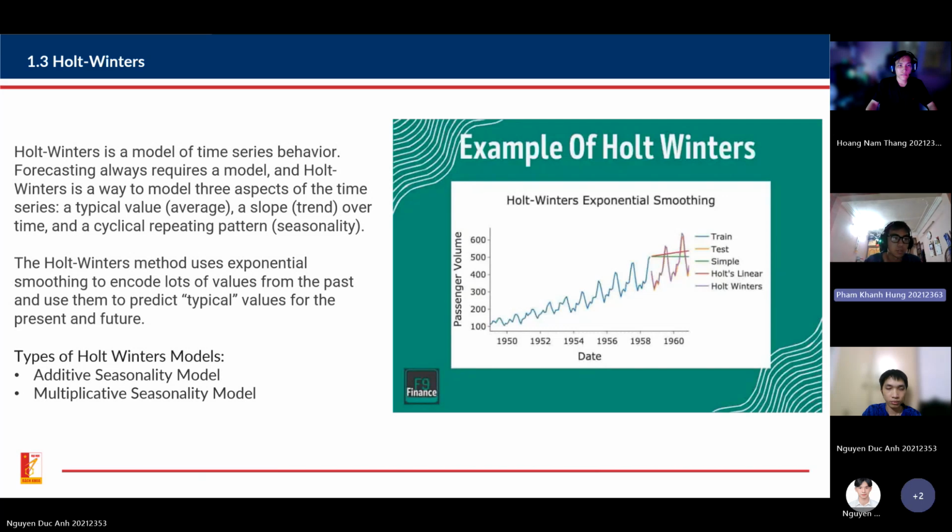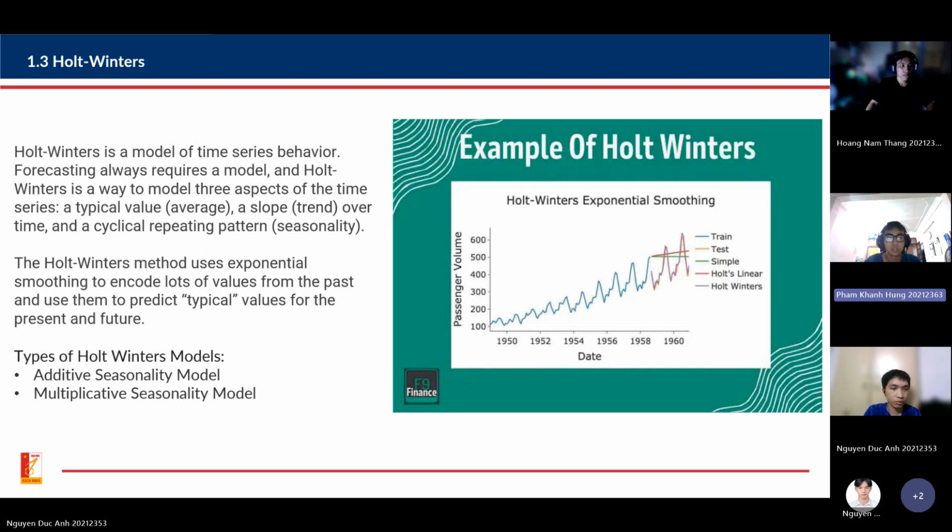Holt-Winters is a model of time series behavior for forecasting. When we forecast something, we always require a model, and Holt-Winters is a very interesting way of forecasting using three aspects of the time series: a typical value, a slope over time, and a cyclical repeating pattern, the seasonality.